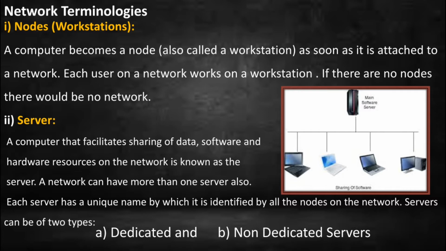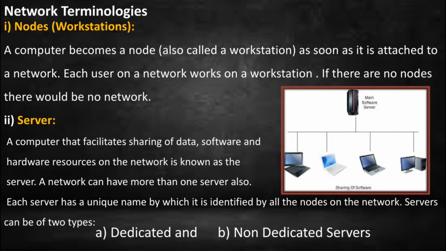The second one is the server. Server means who serves. What does it serve? It serves according to client requests. Server is derived from serve. A computer that facilitates sharing of data, software and hardware resources on the network is known as a server.